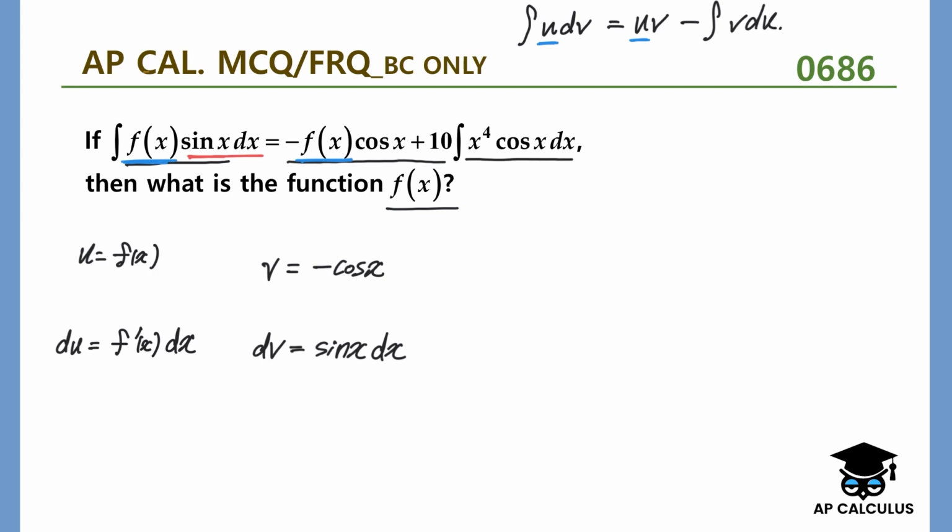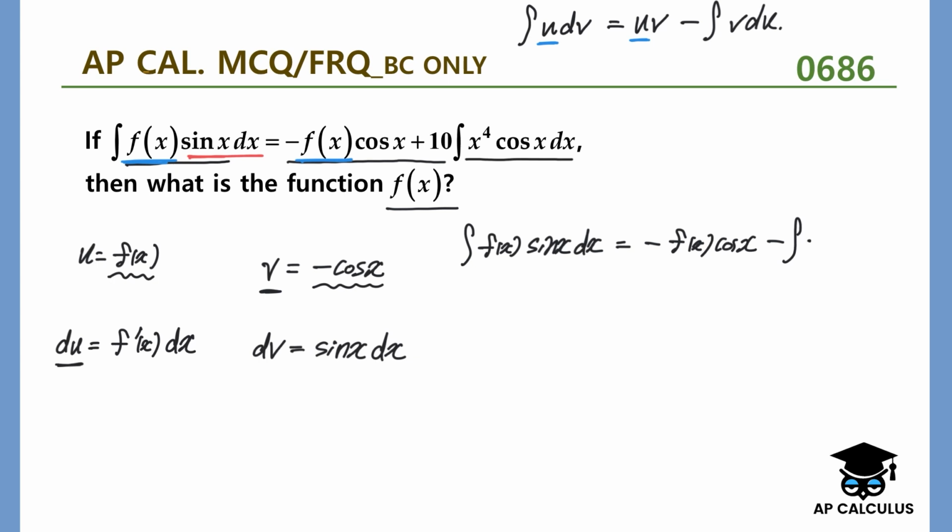So this indefinite integral of f of x sine x dx can be written as uv, f of x times negative cosine x. That's negative f of x cosine x minus the integral of v du. v is negative cosine, du is f prime x dx, right?